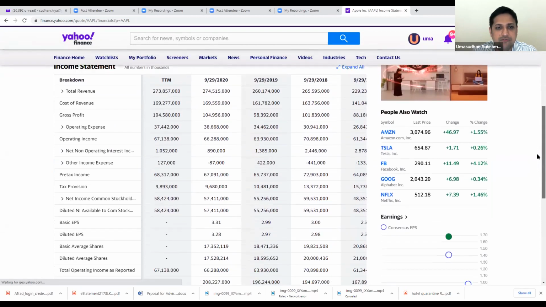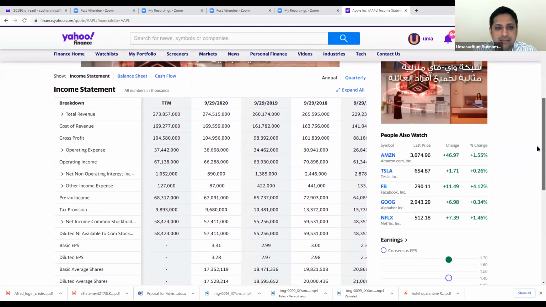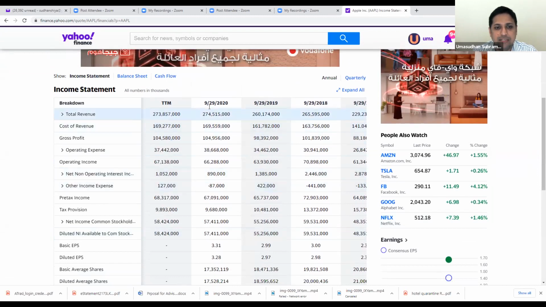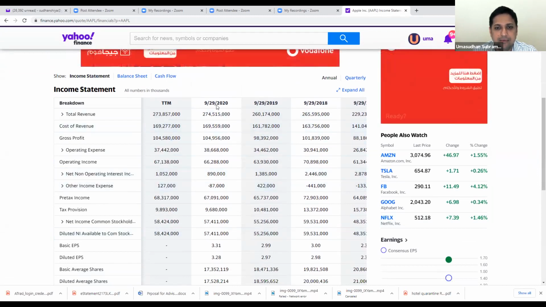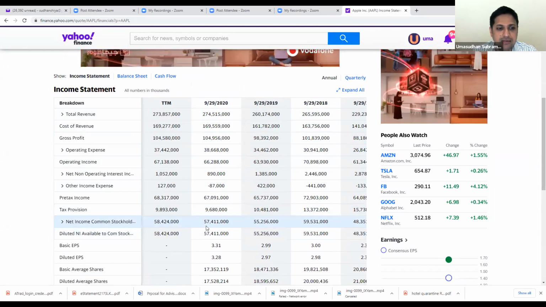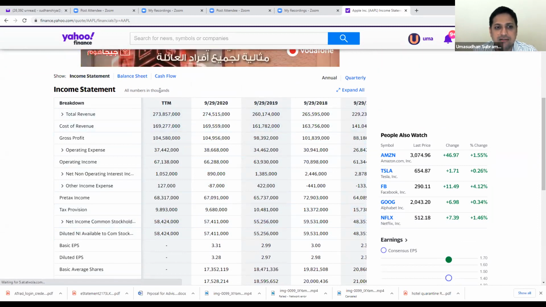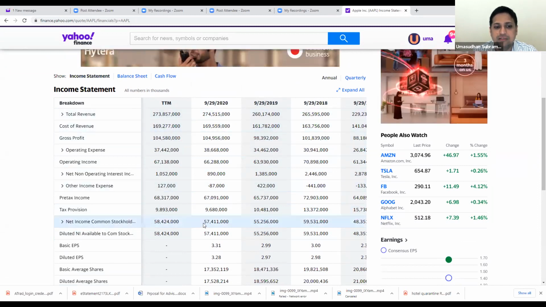For the year ended September 2020, the company made a net income attributable to ordinary shareholders, with figures in thousands, of 457 billion.